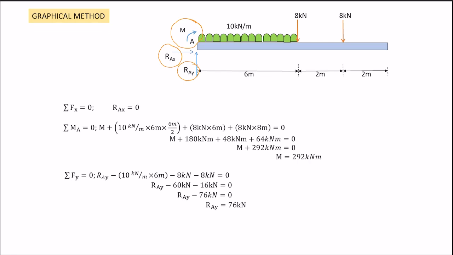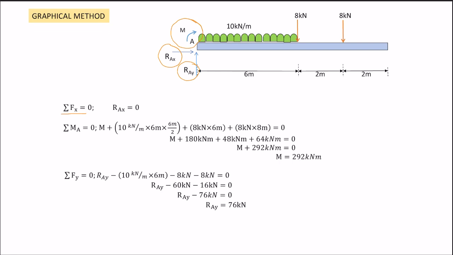We can start to calculate the reaction at A. For the horizontal reaction, R at X will be 0 because there is no horizontal force.